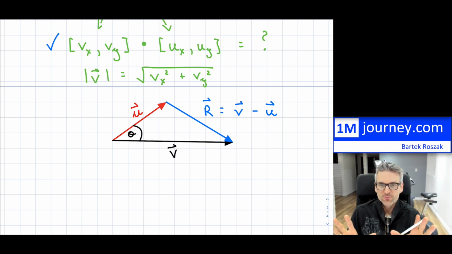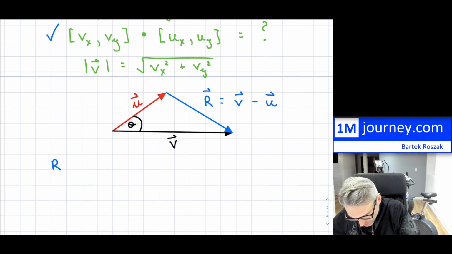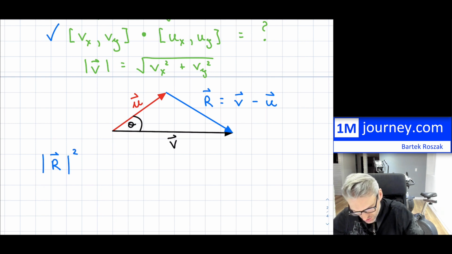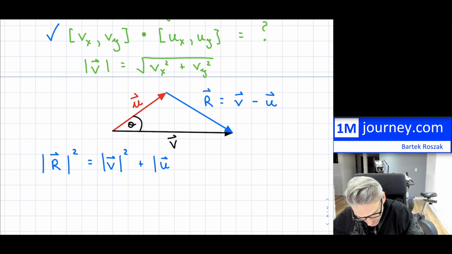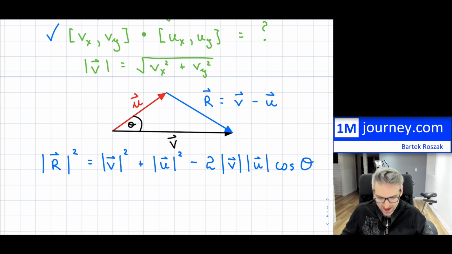First thing I'm going to do is the following. I know by using the cosine law that the magnitude of R squared is equal to the magnitude of V squared, plus the magnitude of U squared, minus 2 times the magnitude of V multiplied by the magnitude of U, times cos of the angle that I have in there.